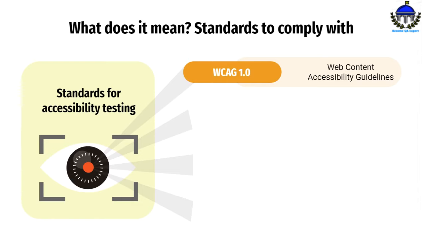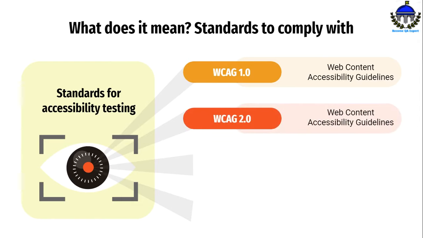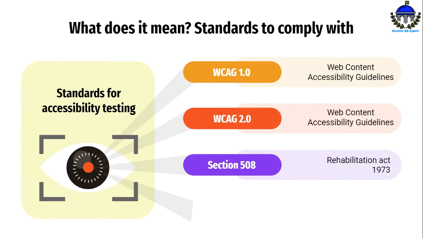There are several standards for accessibility, such as W3C's Web Content Accessibility Guidelines 1.0 and 2.0, and Section 508. And in 1998, Congress amended the Rehabilitation Act of 1973 to require federal agencies to make their electronic and information technology accessible to people with disabilities.